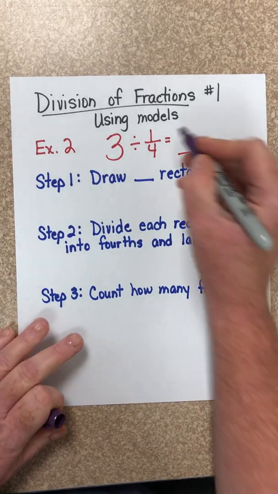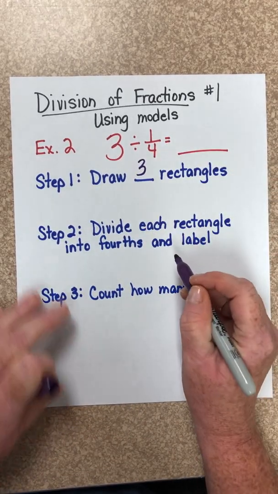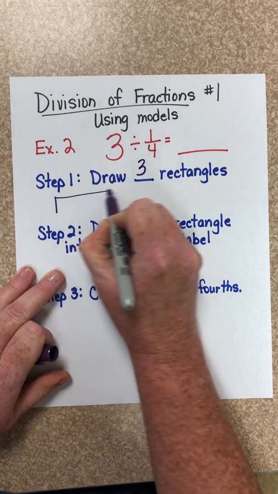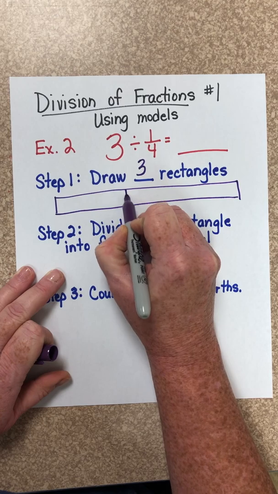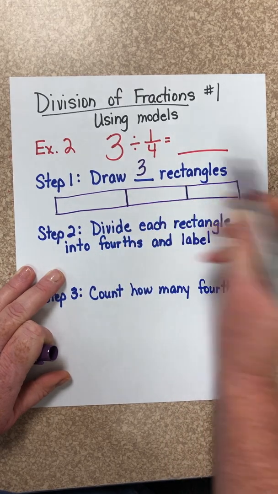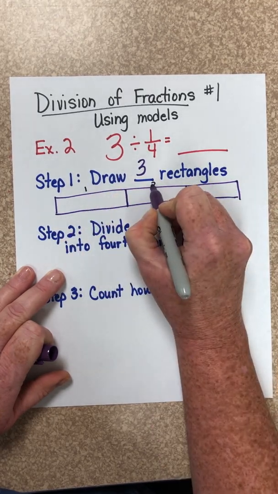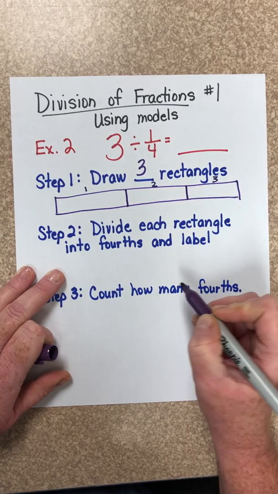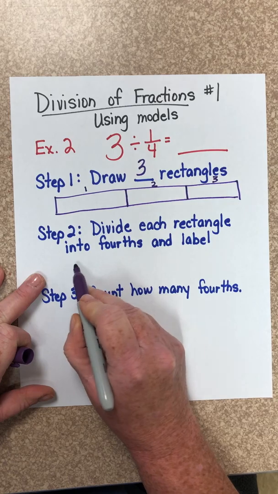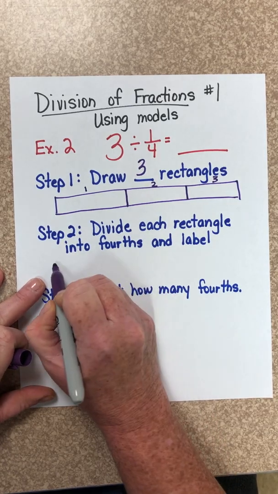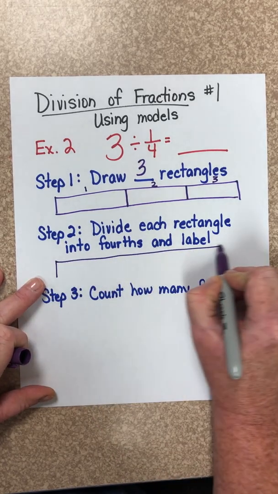So we're going to draw 3 rectangles. So this is 1, 2, 3. Step 2, we're going to take each rectangle and divide into fourths.